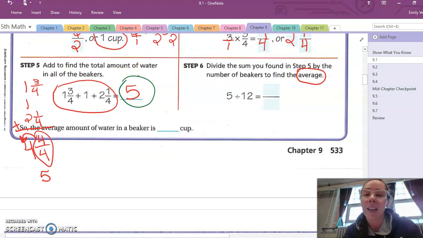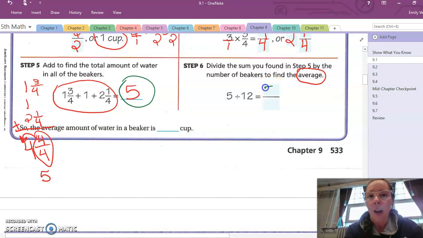If I want to find the average amount of water in each beaker, I would take 5 and divide it by 12. And this goes back to one of our lessons from chapter 8, where we have a division sentence like this. What can we make that look like? We can make it look like a fraction.